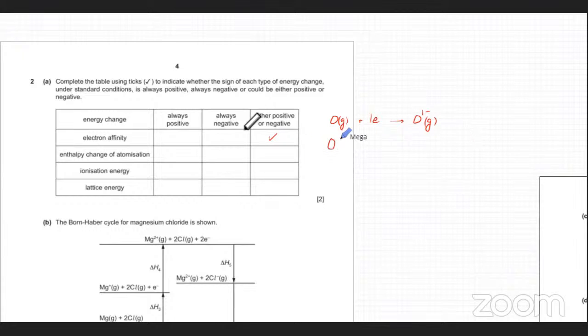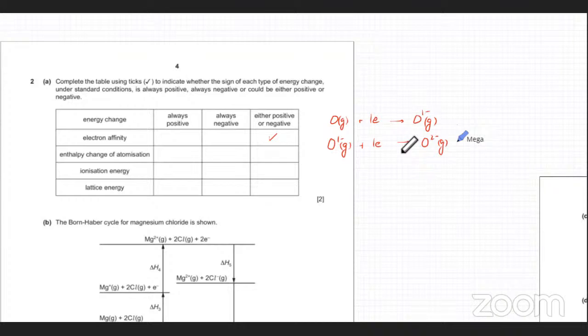The next one becomes difficult. You've got O- and it's gaseous. It tries to gain another electron and it becomes O2-. Now, the reason why it's more difficult to gain the second electron is that the ion is already negatively charged.